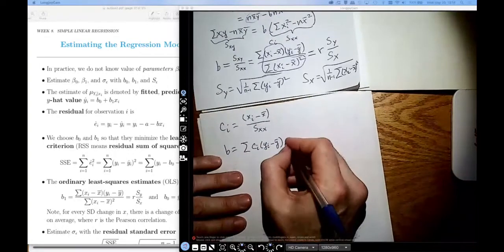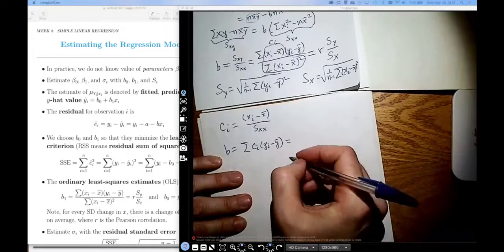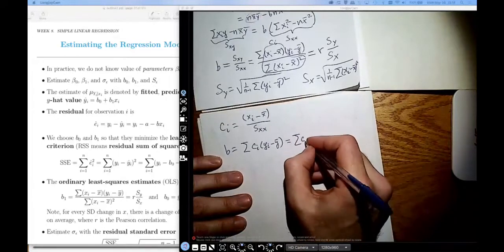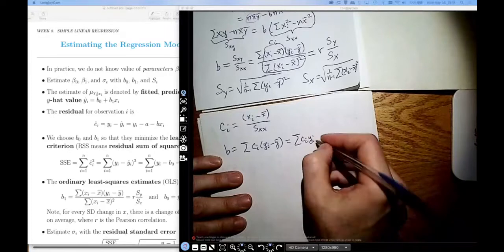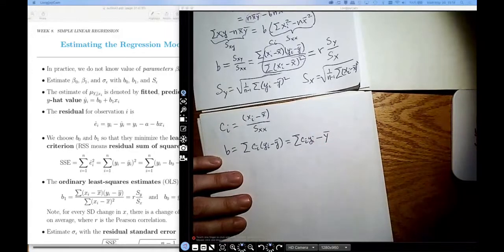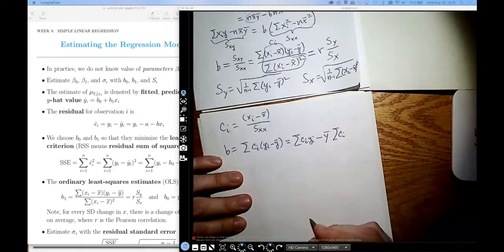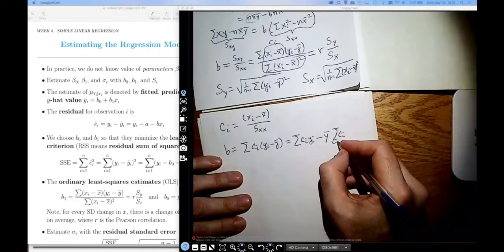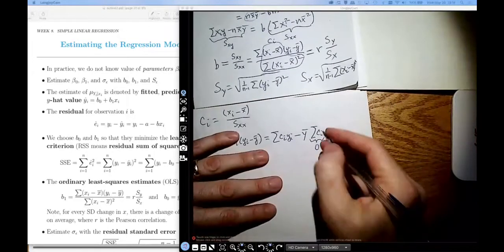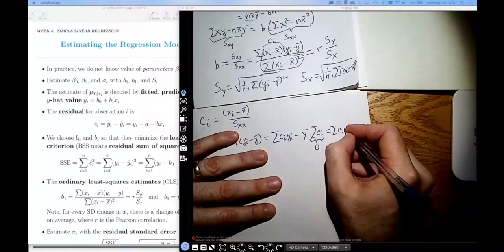Now, let's distribute the c and the sum sign. So what I end up with is the sum of ci yi minus, well, y bar I can pull out since there are no subscripts there, times the sum of ci. Now, what I'm going to show you in a second is that this is equal to 0. So this whole thing is equal to the sum of ci times yi.